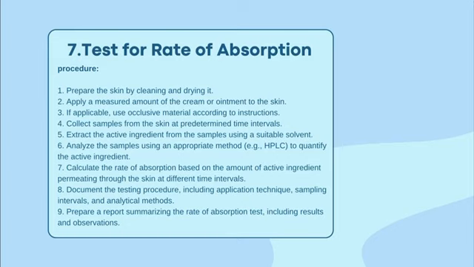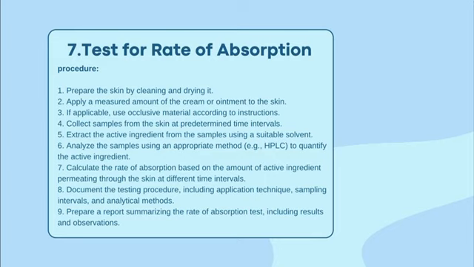3. If applicable, use occlusive material according to instructions. 4. Collect samples from the skin at predetermined time intervals. 5. Extract the active ingredient from the samples using a suitable solvent. 6. Analyze the samples using an appropriate method, e.g., HPLC, to quantify the active ingredient. 7.